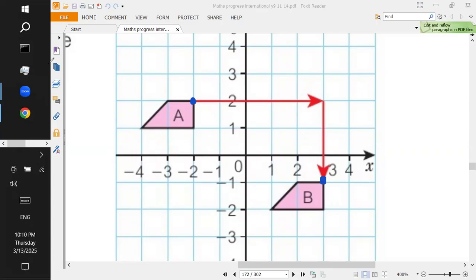So to find what happened, first I'm going to follow the point here. So it went that way, which is the right way. It means it's the positive x. So 1, 2, 3, 4, 5. So this means we went 5 times to the positive x, so positive 5.